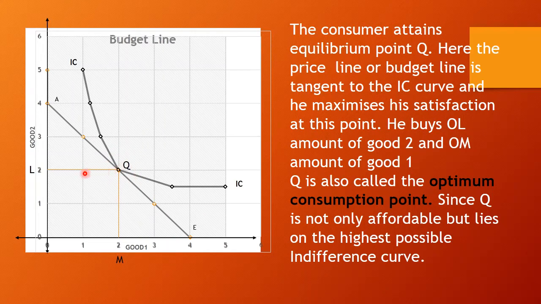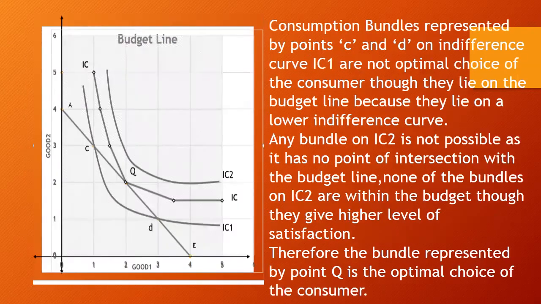He buys OL amount of good 2 and OM amount of good 1. Q is also called the optimum consumption point, since Q is not only affordable but lies on the highest possible indifference curve. Let me explain to you what we mean by that in the next slide.